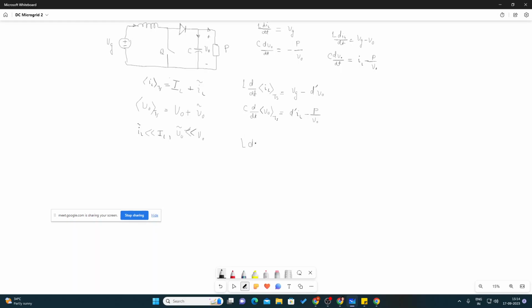So considering this, what we can say is L d IL tilde by dt equals Vg tilde minus capital D dash V0 tilde plus D tilde capital V0. Agreed?